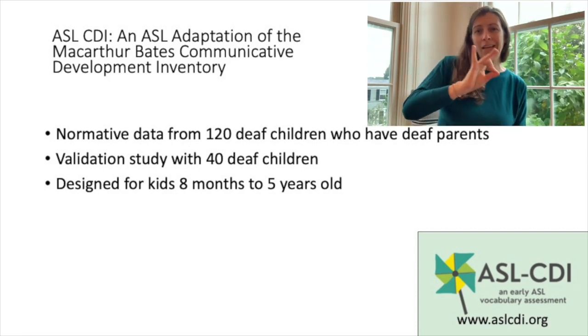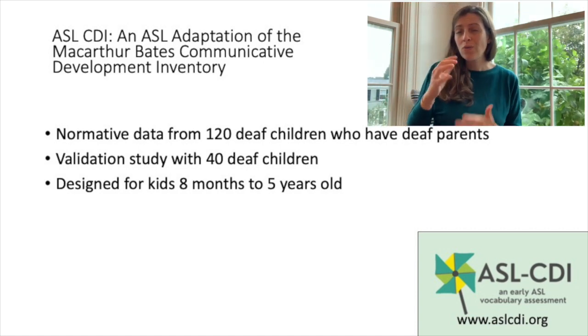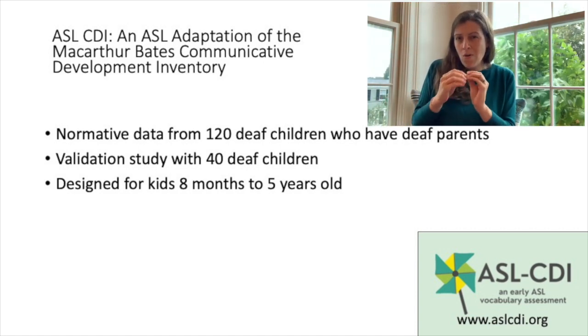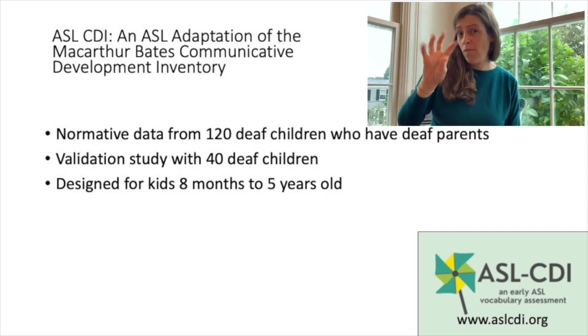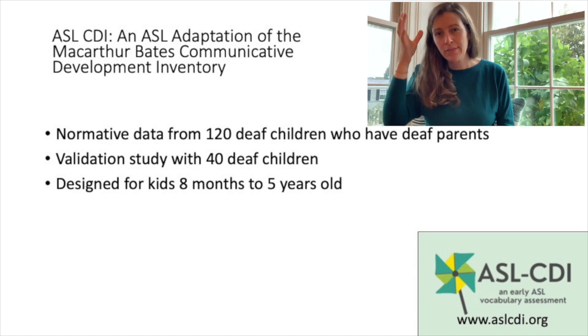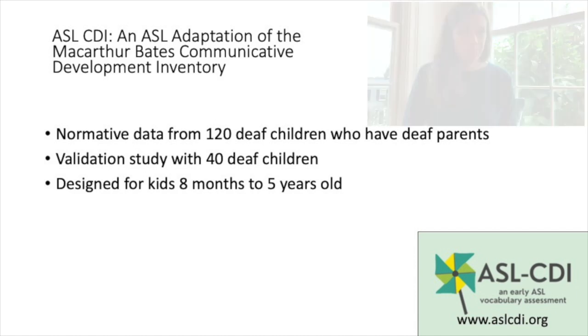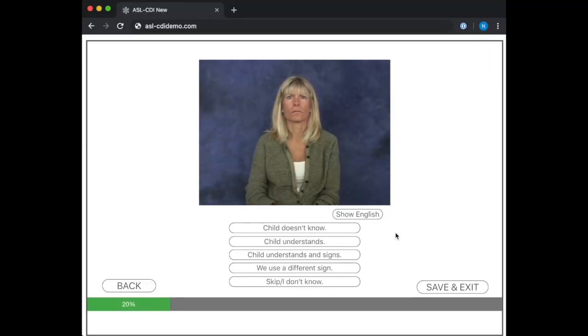These are all children who are between the ages of 8 months and 5 years old. We've also collected some additional validation data on a set of 40 children who are all deaf, some of whom have deaf parents and some of whom have hearing parents. And I'll talk more about that validation study in a minute. Here's what the test looks like.